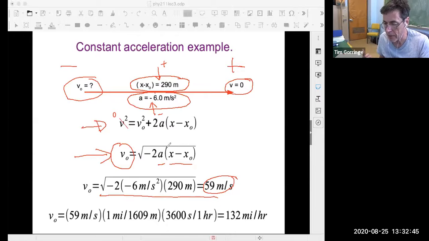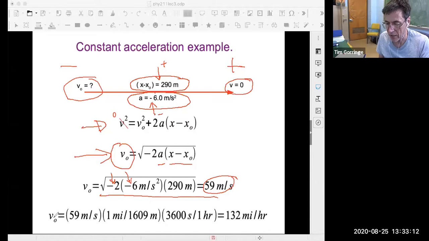It must be, for this to be a valid equation, that the quantity inside the square root is a positive quantity. Then you can take its square root. And the way it became a positive quantity is, well, we have a minus in the equation, which looks dangerous, but then we picked up a minus here from the acceleration. And so we had a positive quantity in the square root. And so we get this answer, 59 meters per second.